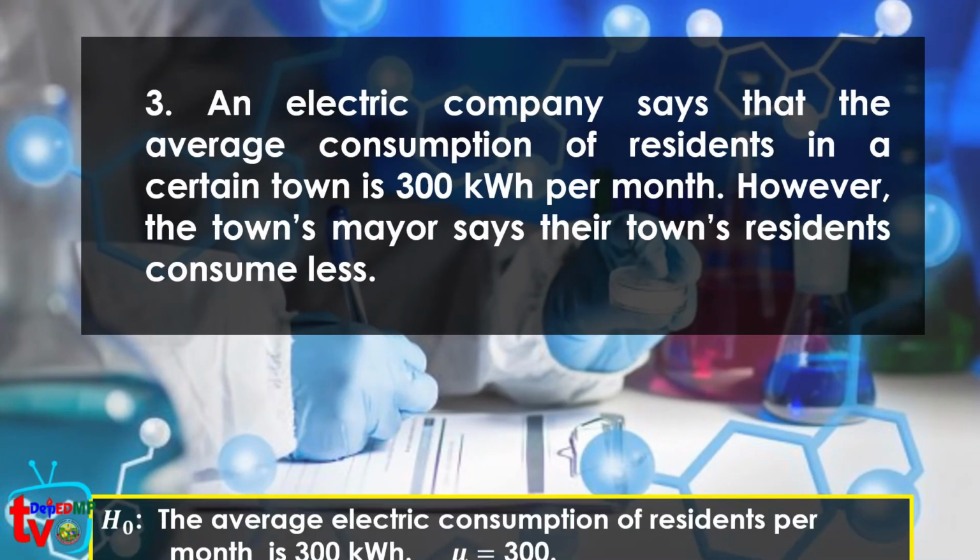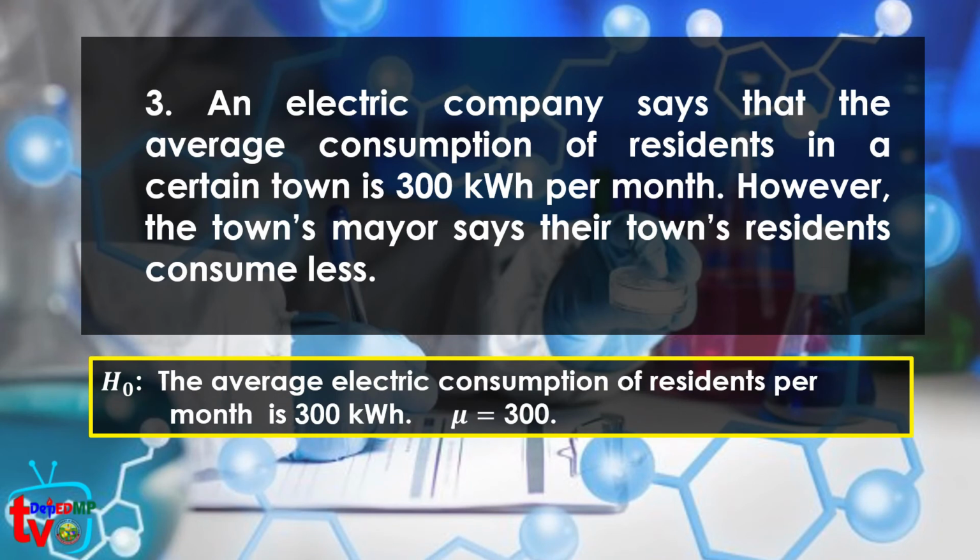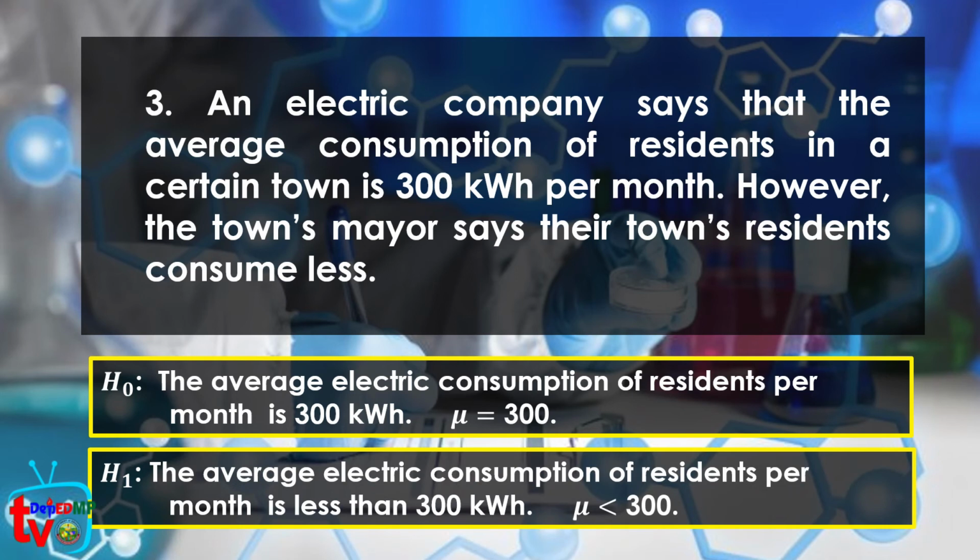For number 3, the null hypothesis is the average electric consumption of residents per month is 300 kilowatt-hour, or mean is equal to 300. And for alternative hypothesis, the average electric consumption of residents per month is less than 300 kilowatt-hour, or mean is less than 300.